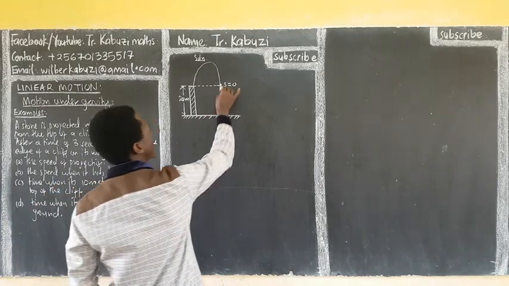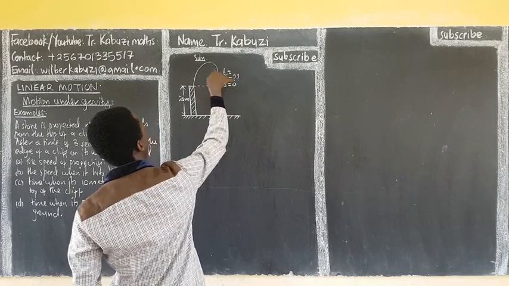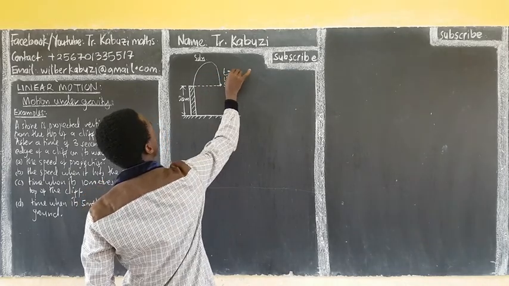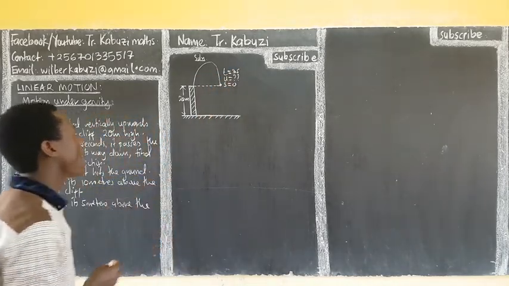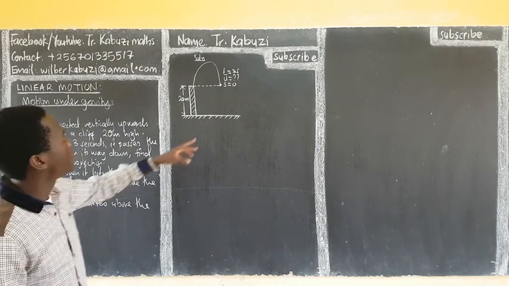Here, they're asking us for the initial speed, which we don't know. But the time taken for it to come back here is 3 seconds. We have the distance.